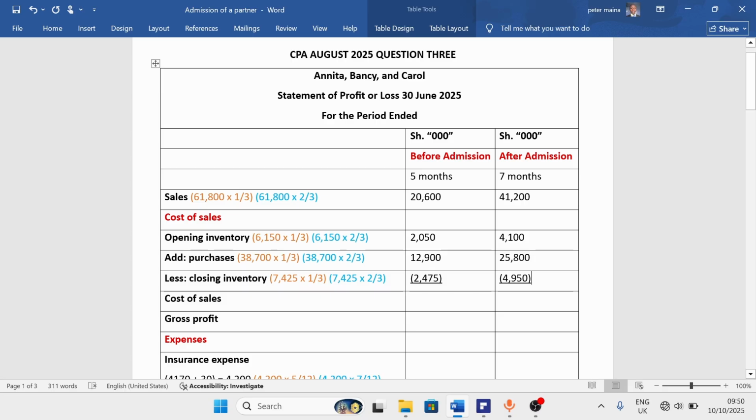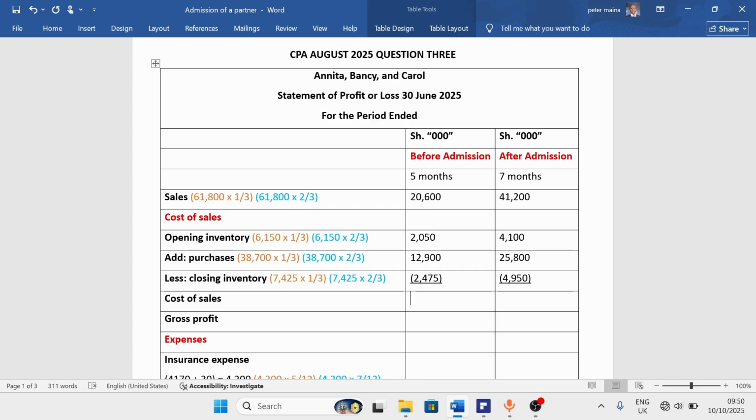So now we want to find the cost of sales. So cost of sales will be given by opening inventory, add purchases, less closing inventory. In the first period, the cost of sales is 20.50 plus 12.900 minus 24.75.